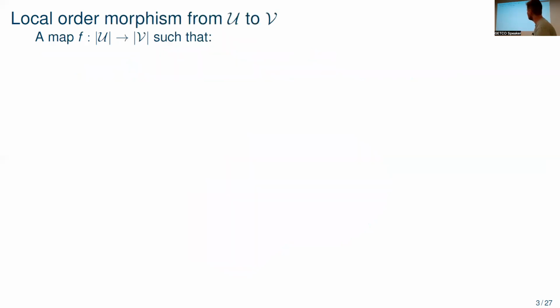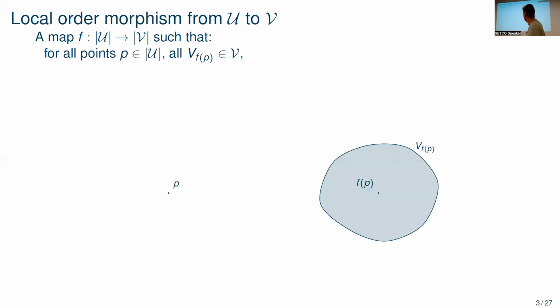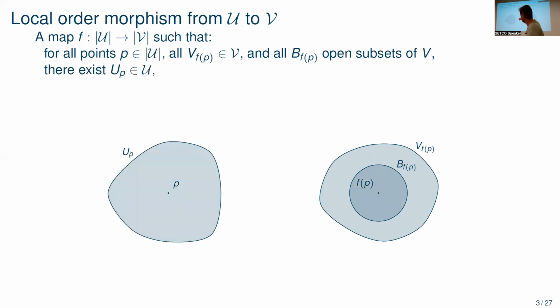Okay? So you also have a notion of morphism, but which is a bit more involved than the one of mere pospaces. So each time you have a point P and its image F of P, and each time you take a pospace containing the image of P, you should be able to find a small neighborhood B of the image of P, and on the other side, a pospace containing P and a neighborhood A of P, so that F induces a pospace morphism from the neighborhood A of P to the neighborhood B of F(P).